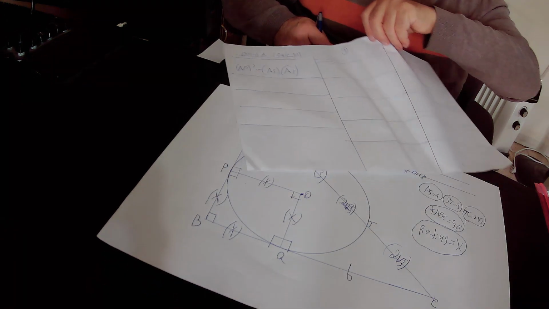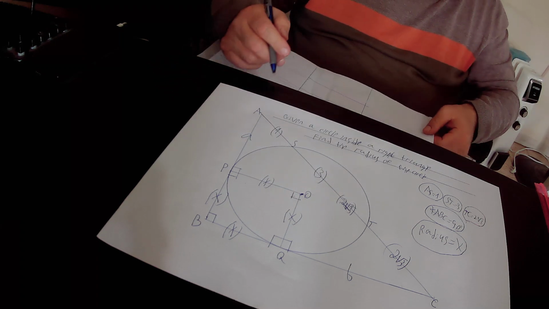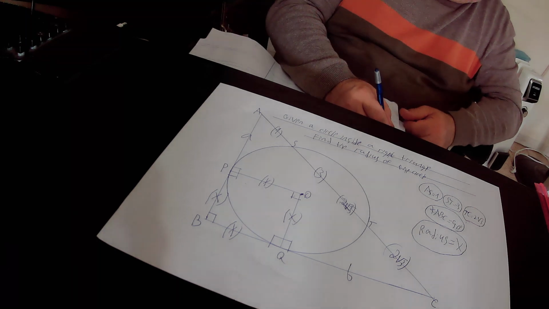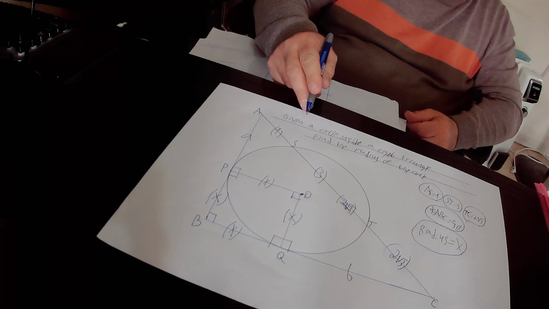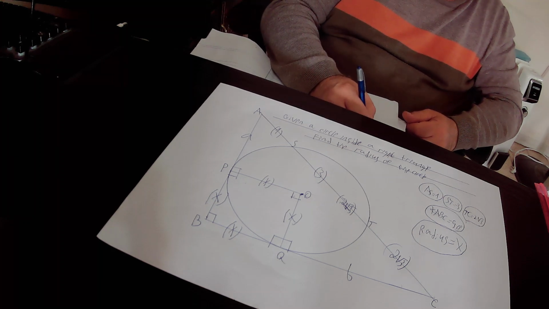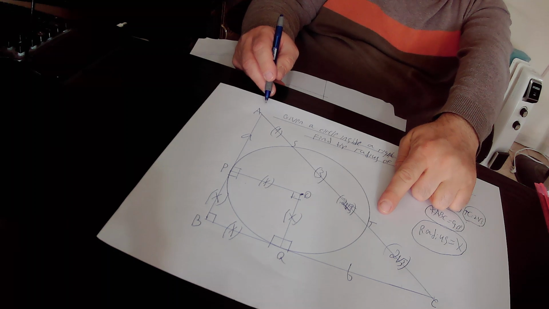Okay, so AP square. AP equals a, therefore AP square is a square. And a square equals AS times AT, that is 1 times 1 plus 3.